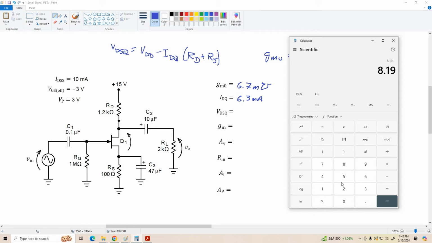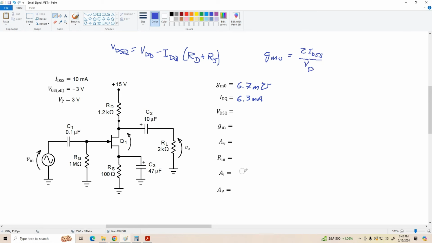Subtract that from a VDD of 15 volts, and we've got a VDS of about 6.8 volts. Our transconductance, gm equals gm0 times 1 minus the magnitude of VGS over VP.